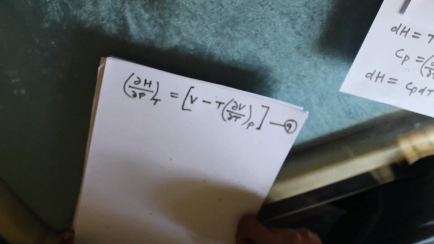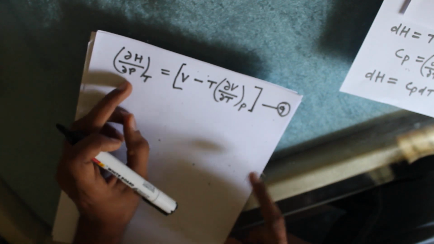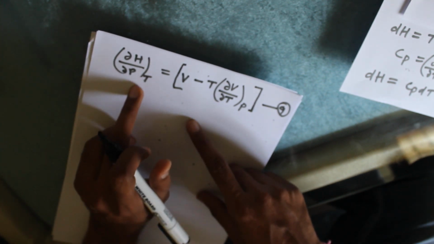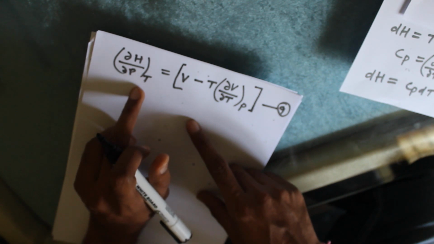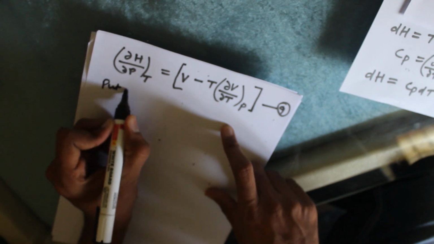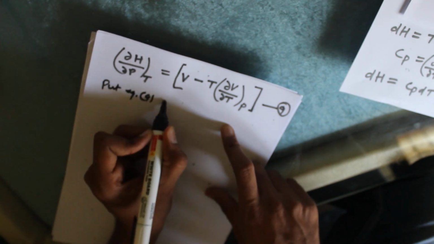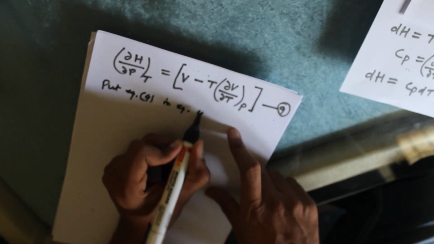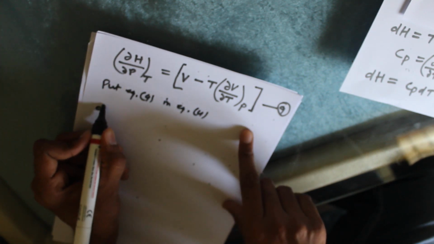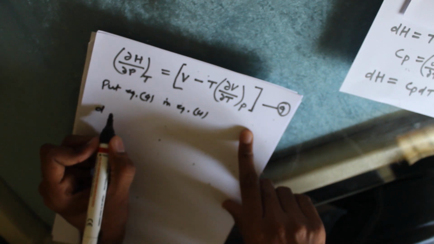Now to calculate the change in enthalpy, finally put the value of del H by del P in equation 4. So if you put equation 9 in equation 4, you will finally get the required expression to calculate the change in enthalpy.